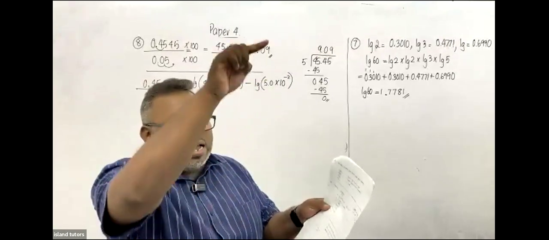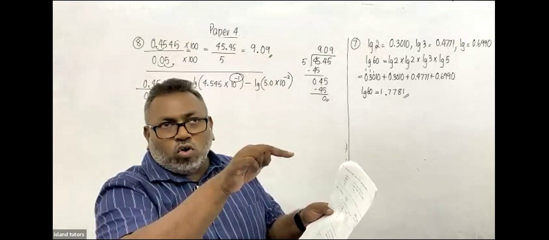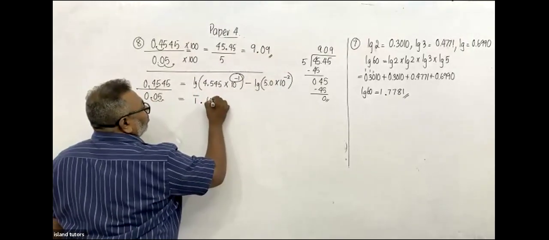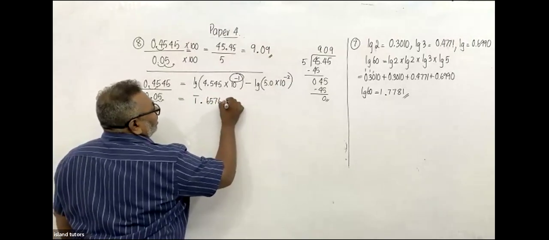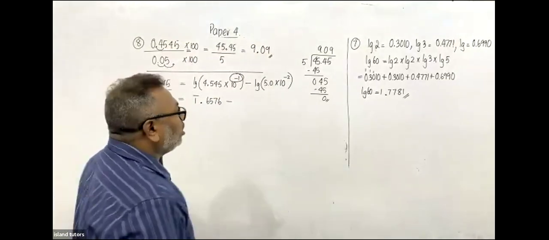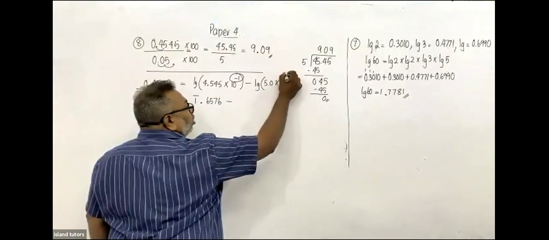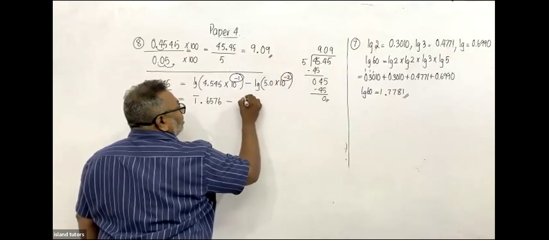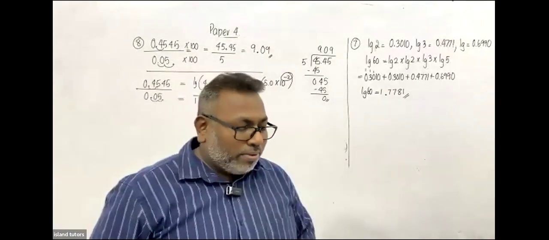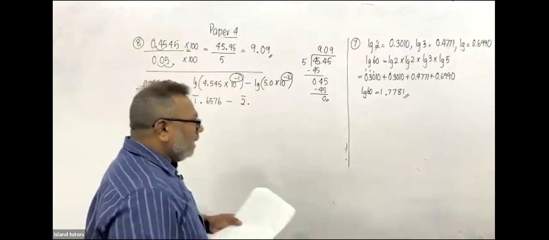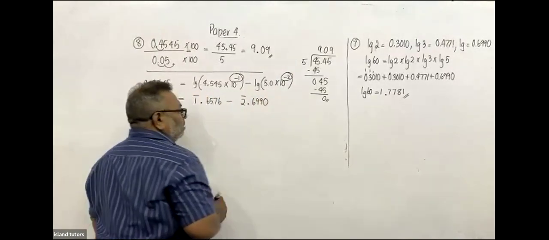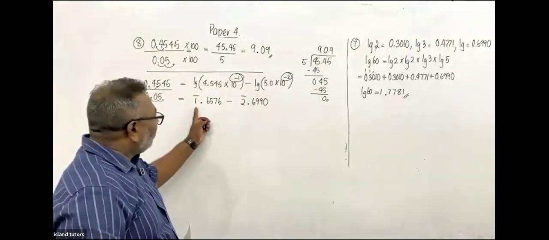Then go and look for 4. When you come down, you will get a value of 6576. Minus, they are saying 5.0 into 10 to the power minus 2. So take minus 2, that means bar 2. 5.0 in your log table is 6990.